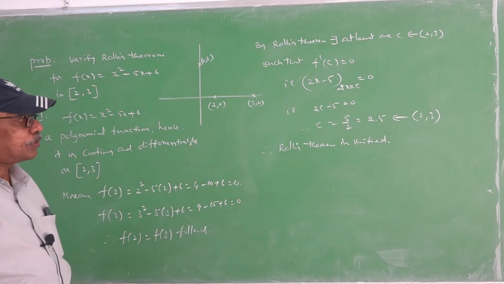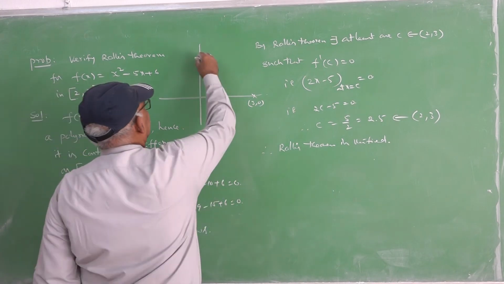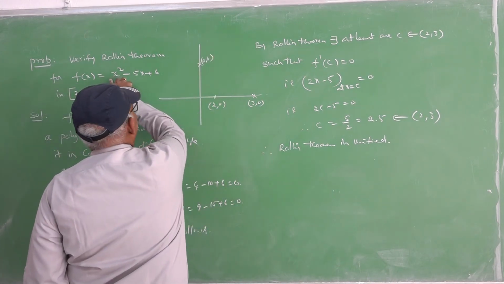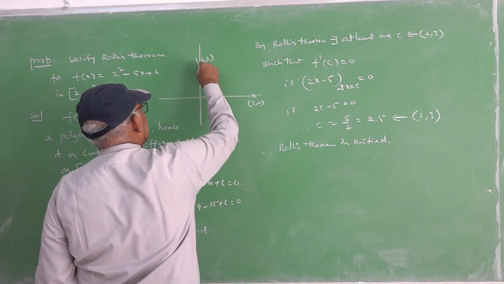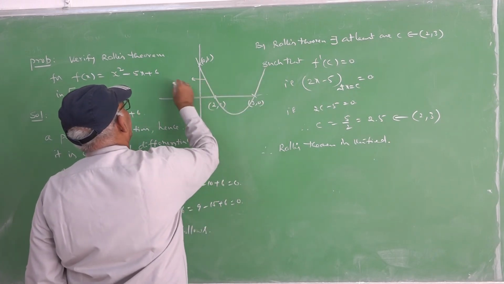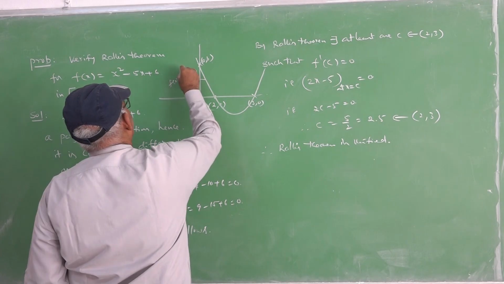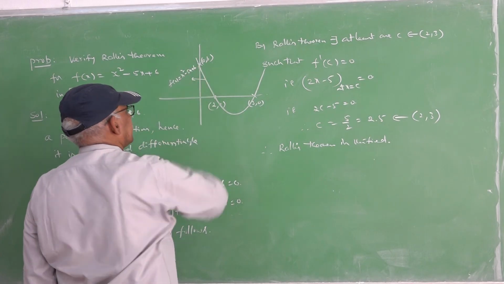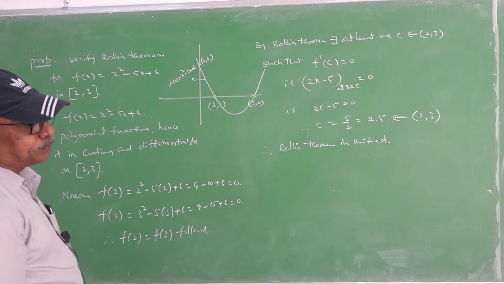Moreover, the x square coefficient is positive. Once you join these three, you can draw the graph of the function. This is f(x) equal to x square minus 5x plus 6.